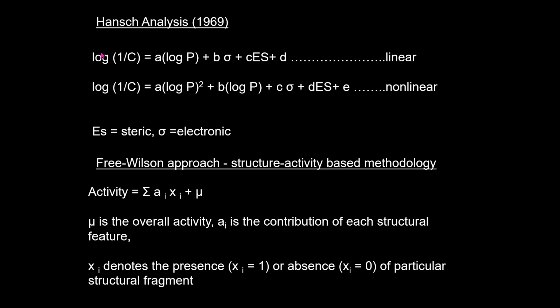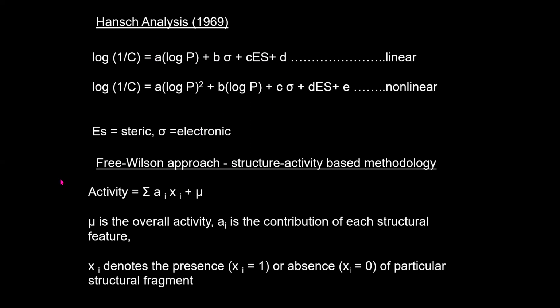Then you try to get the best a, b, c by fitting all the data. Suppose you have selected 5 data points and you have got 5 values, you get that. Okay, that's called the Hansch based analysis, and we will also be using that.